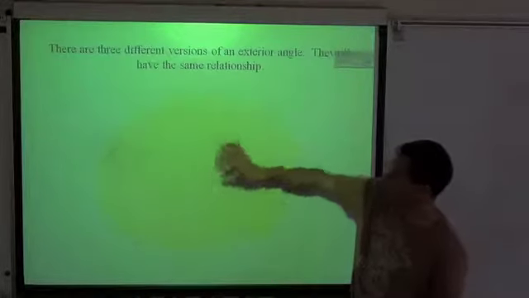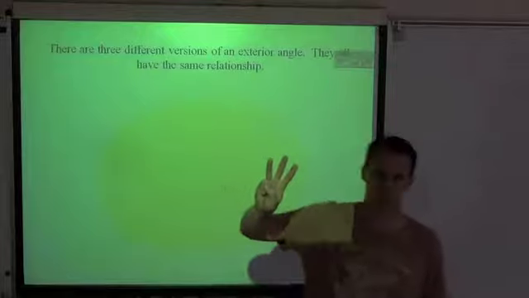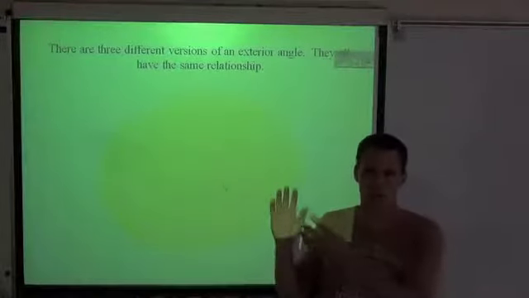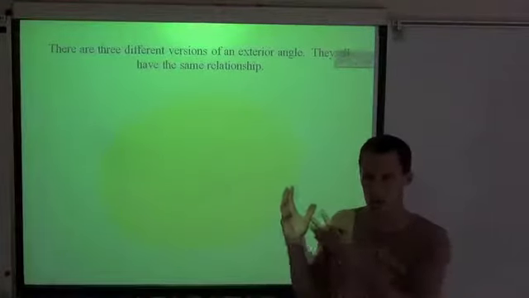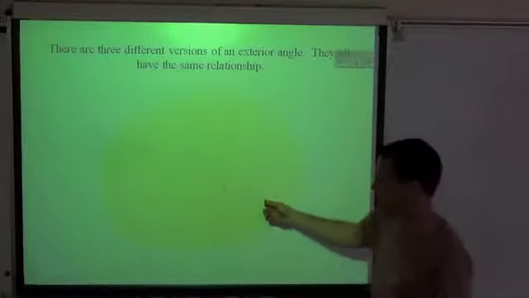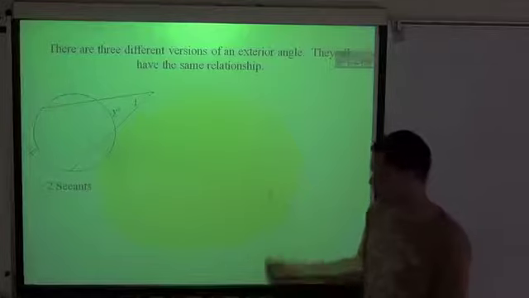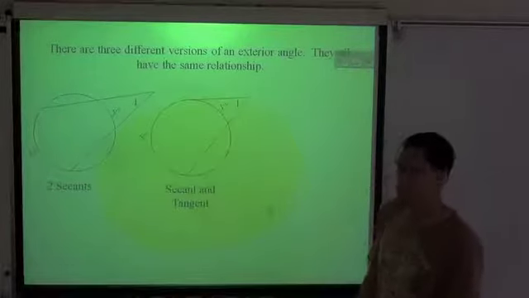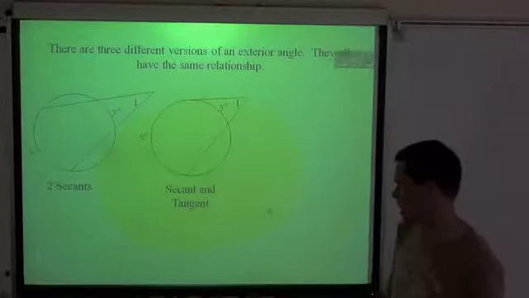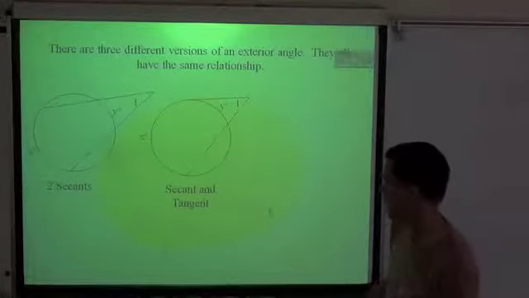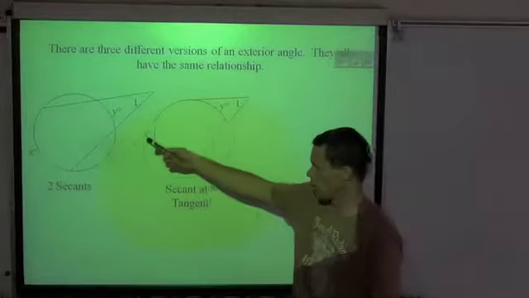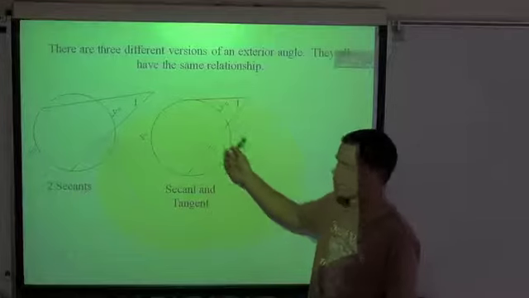Now, there are 3 different versions of exterior angles. You just saw one. It looked like this. That's when it's formed with 2 secants. But an exterior angle can be formed with 1 secant and 1 tangent. Still, large arc and a small arc.